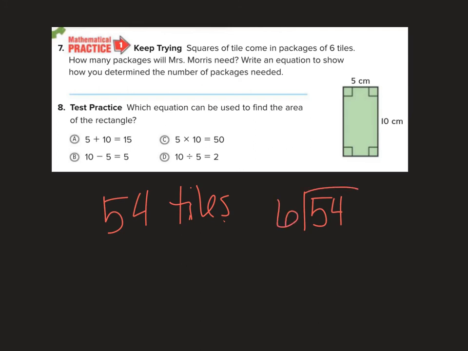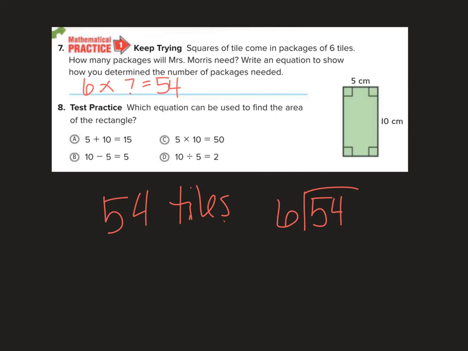Write an equation to show how you determine the number of packages needed. So we'll say 6 times, we don't know, is going to be 54 tiles. Or I could say 54 divided by 6 equals question mark, right?